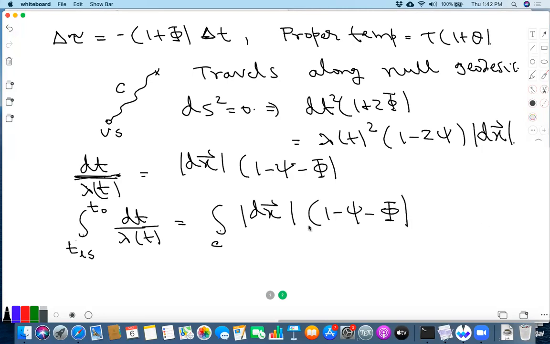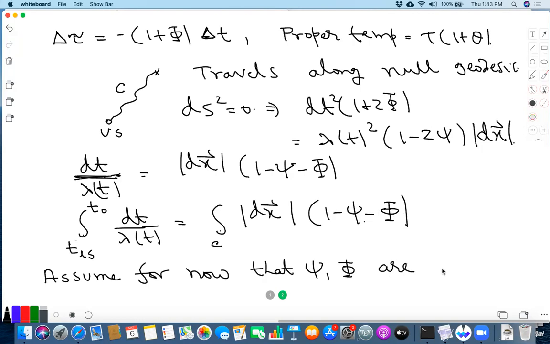Now this really doesn't make too much sense unless you know precisely what psi and phi are, because in general psi and phi could be time dependent. But we'll assume for now, and later on we'll discuss this a little bit, that psi and phi are time independent.